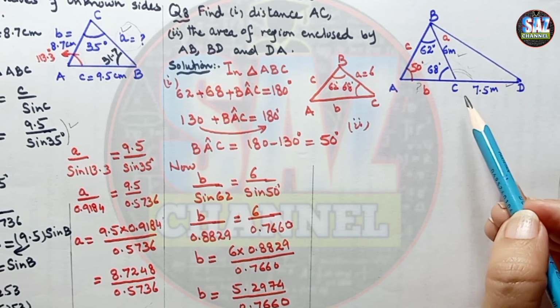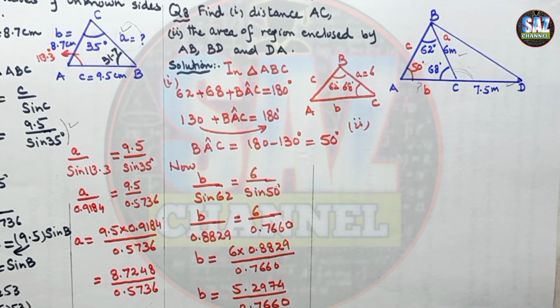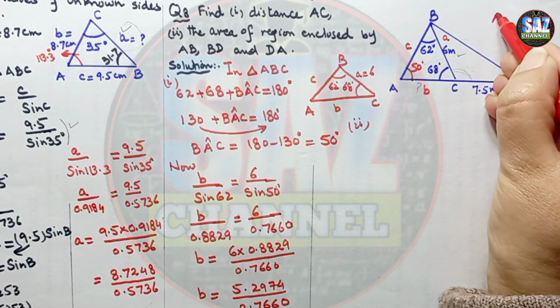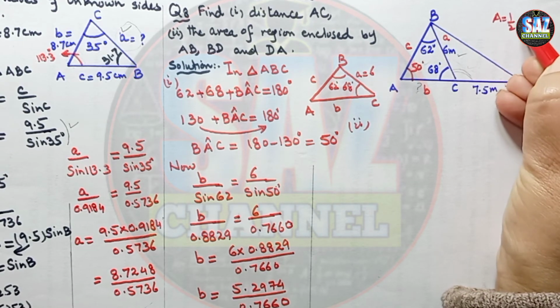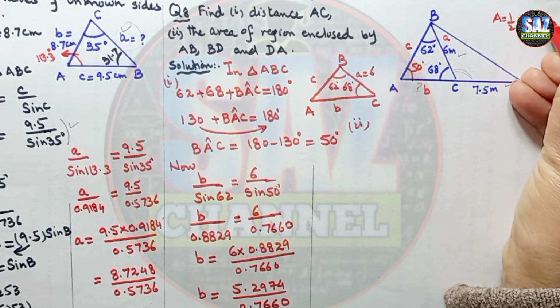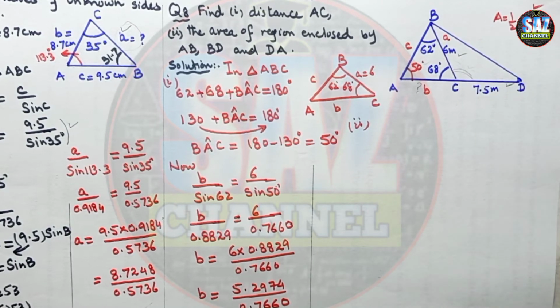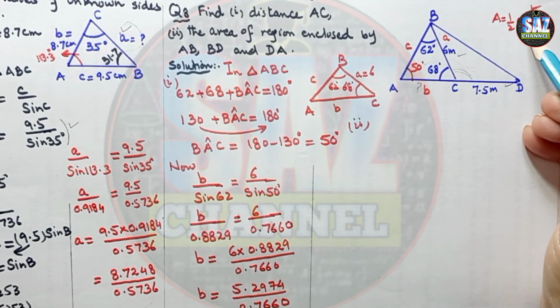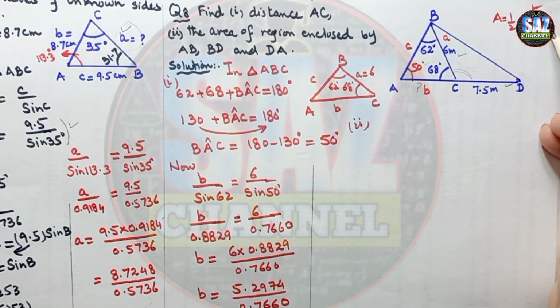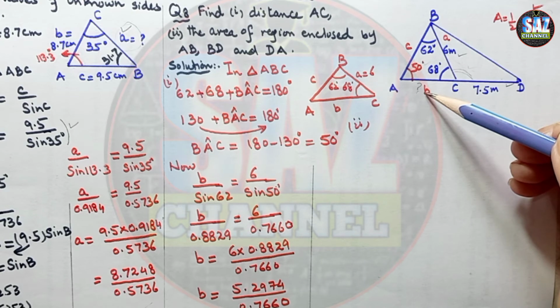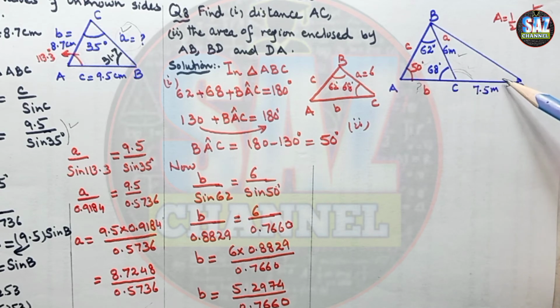The triangle is not a right triangle, so we have to apply the formula for the area of oblique triangles: area of triangle equals half ab sine C. We can take any two sides which are given to us, and then take the sine of the angle in between those two sides. We have the length B with us, but the problem is that we do not have length C.